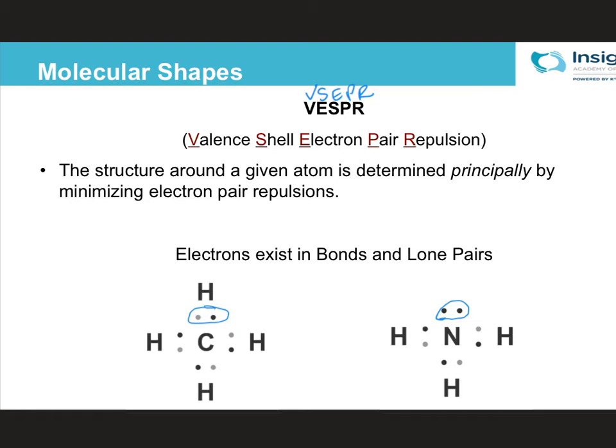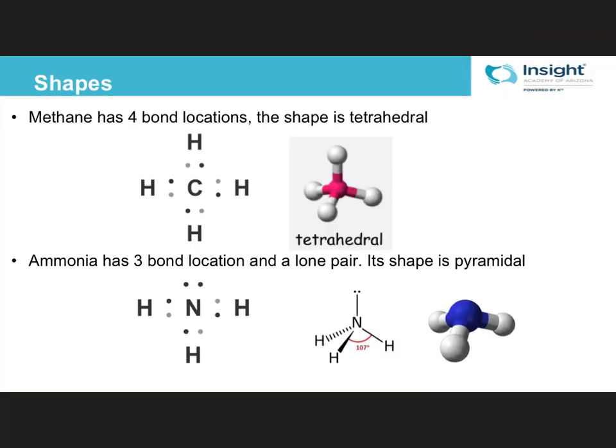So like these two molecules both have 4 positions where electrons exist that are going to try to repel each other. But because one of them has a lone pair, that will result in a slightly different shape. So, these two that we talked about.